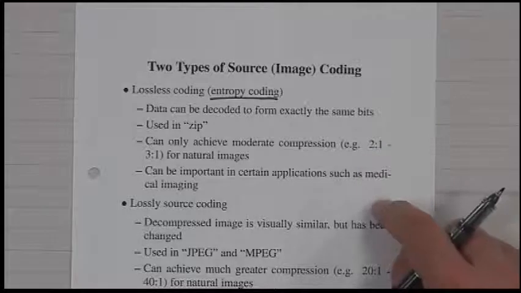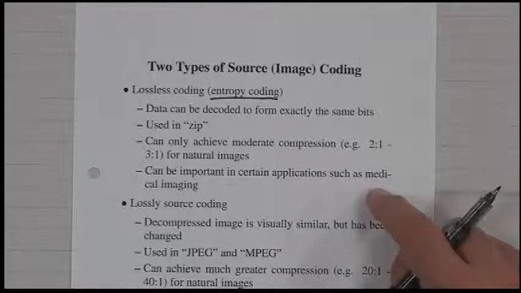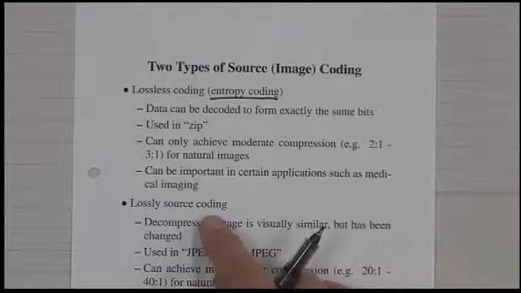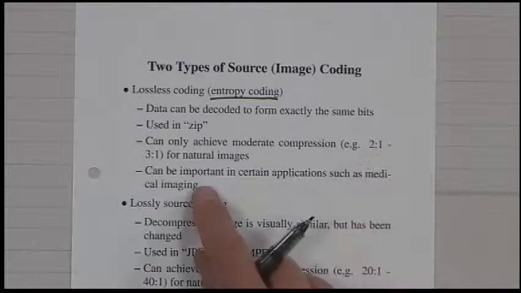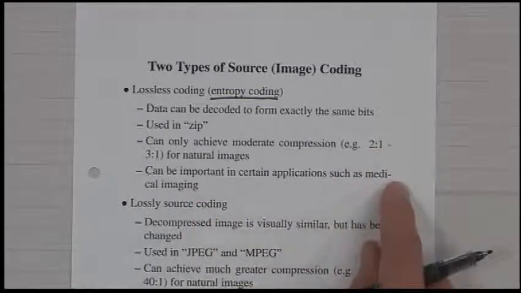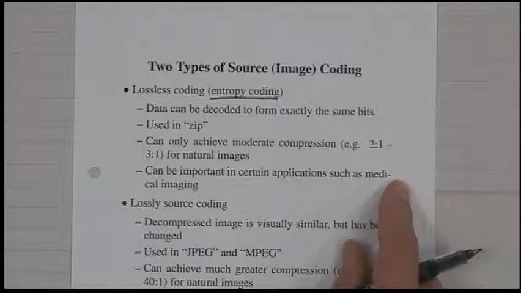So that's where lossy coding comes in. If you're willing to have some distortion in the encoding, then the compression can be much better. For instance, a medical image is an application where people often discuss lossless coding because they say, we don't want to lose any information, we don't want to take that chance.